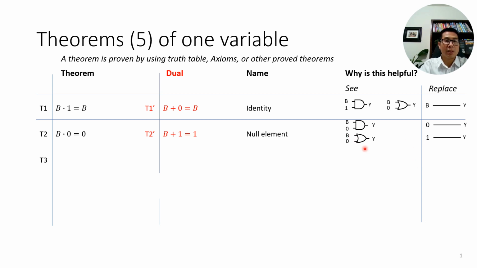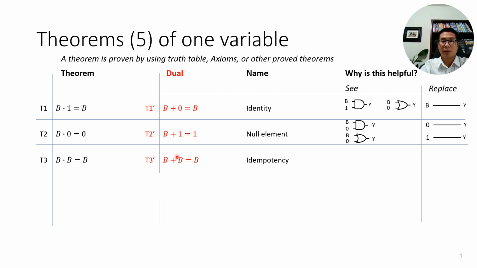So we don't have to provide gates. Then theorem T3: B and B is B itself. Its dual form is B plus B is B itself, and this one is called idempotency. If you have in your equation a B and you add the same element into it, that's the same thing.